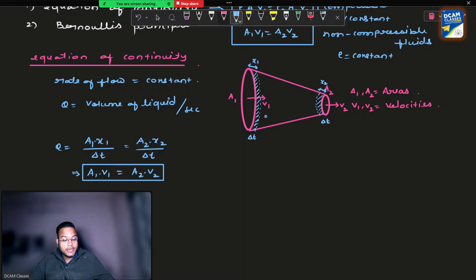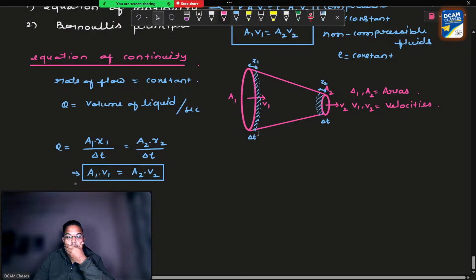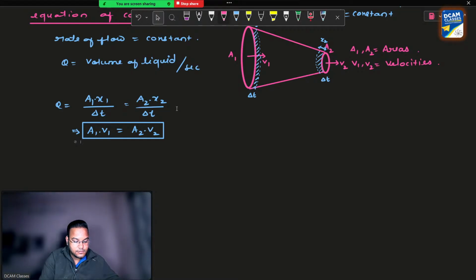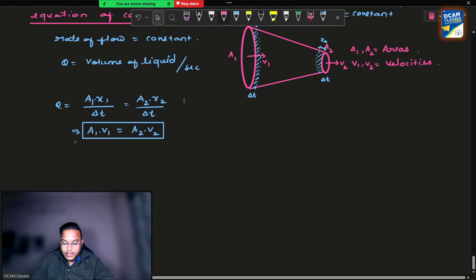And trust me, this will be very helpful for solving questions. Okay, this one is done. You understood this one? Yes, sir.